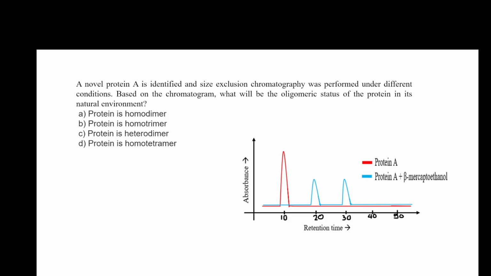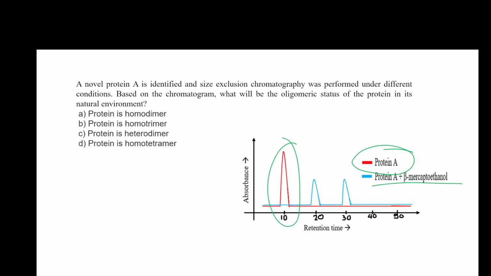Okay. So here the size exclusion chromatography is done at two different conditions. The red line is only the protein, and the protein has come at a very early retention time. Okay, here the peak has come, and now the protein with beta mercaptoethanol.